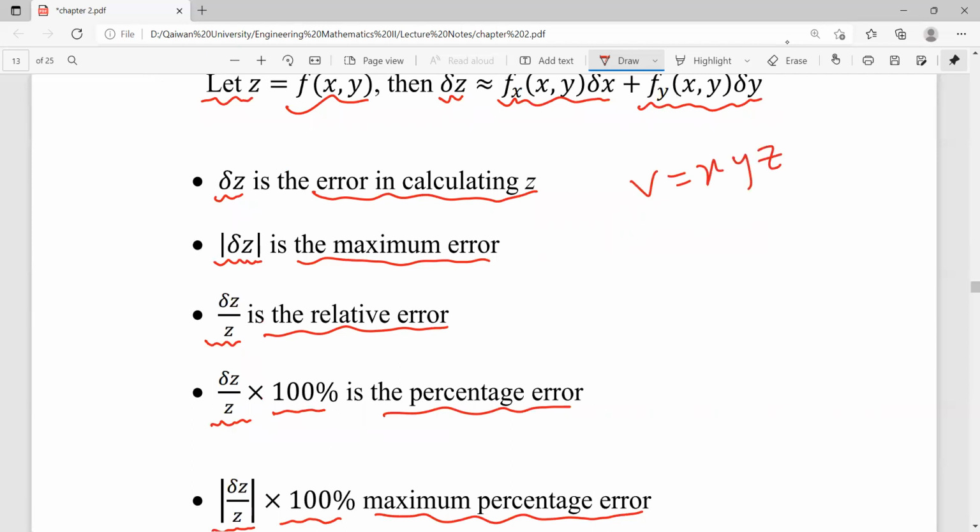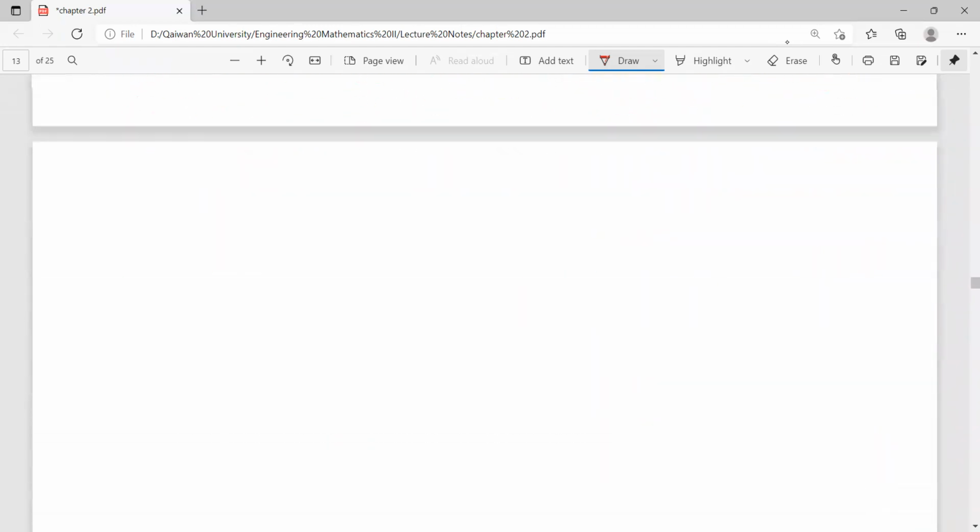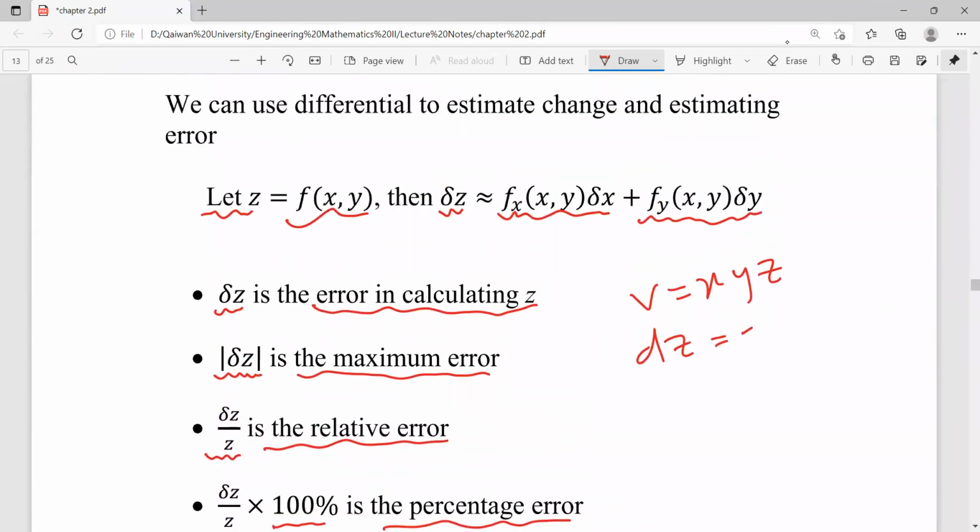We just apply one of these to one of the above examples. dV equals minus 0.3, and this is delta V actually. dV and delta V are the same. The point is 9, 6, and 4.